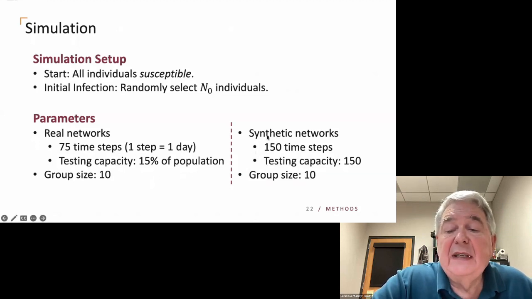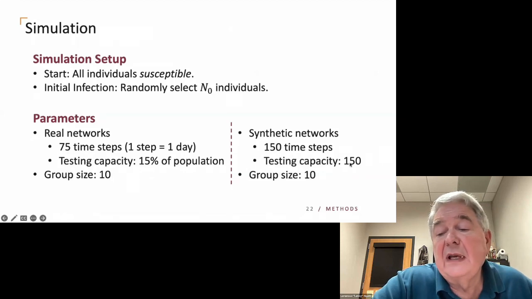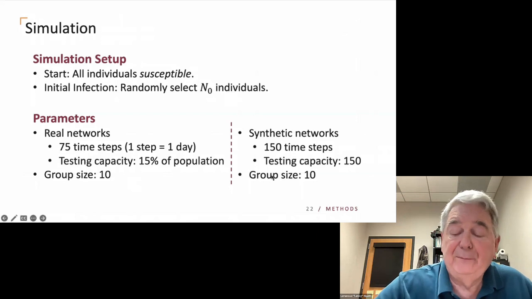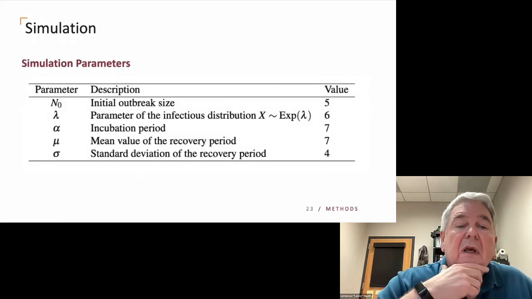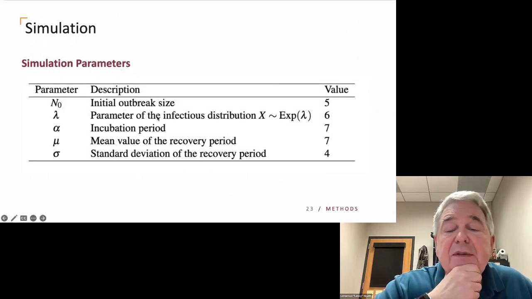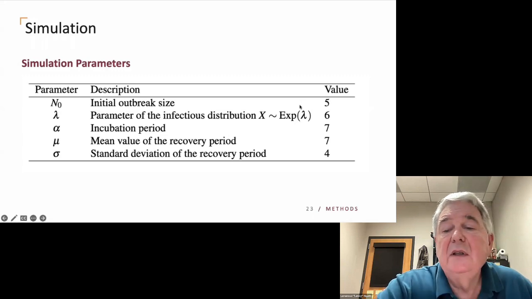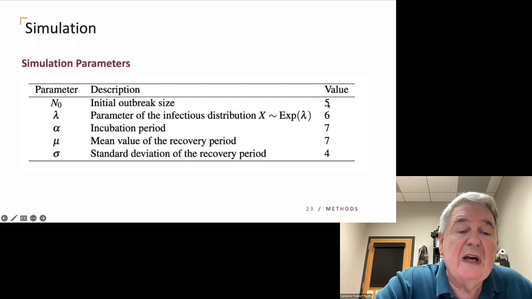For the synthetic networks, we do it for 150 time steps, and we'll see why we can do it for a longer time later. And we have testing capacity, again, of 15%, because we're going to have 1,000 individuals in a synthetic network. Some of the key parameters to this simulation are the initial outbreak size, which we chose as 5.